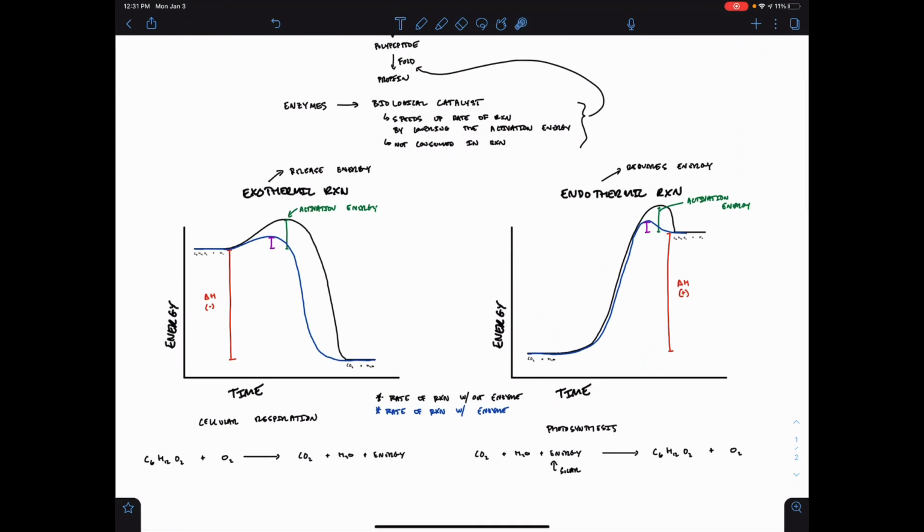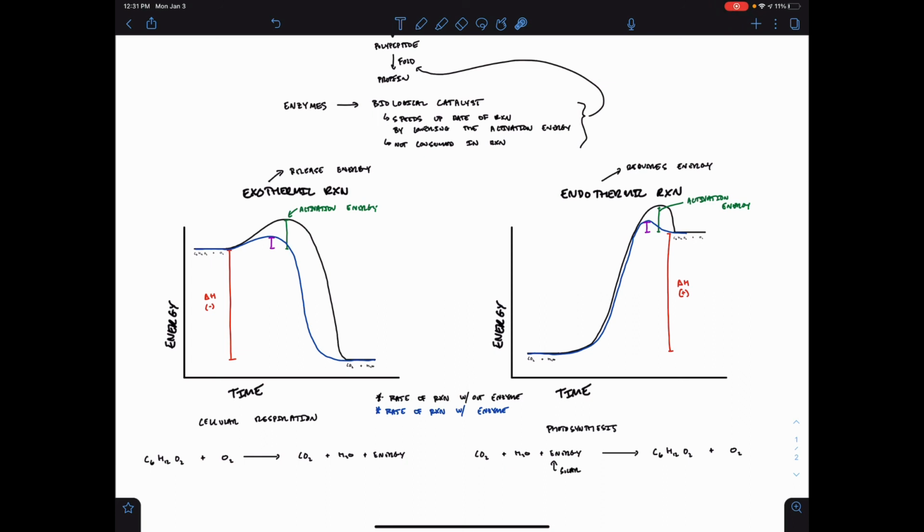And so enzymes don't change the overall amount of energy inputs or outputs of any reaction. They just lower the activation energy, and they speed up reactions by lowering the activation energy in such a way that they can make life possible, because they make reactions that would take a really long time happen really quickly.